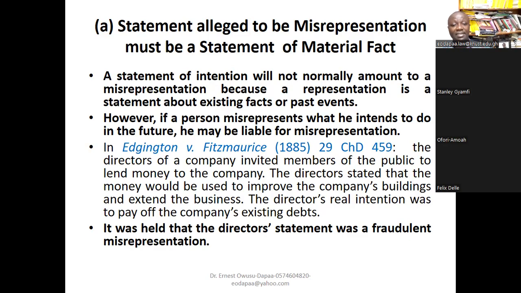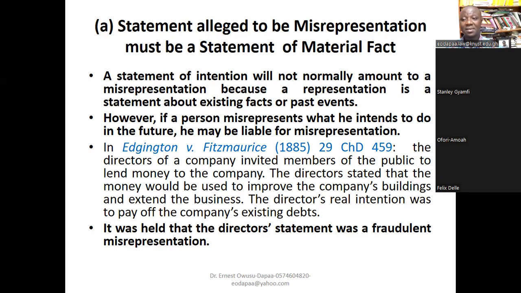And the reason is that a representation is a statement about existing facts or past events, not about the future tense. So a statement which will give rise to misrepresentation should not be a statement which lawyers will say is in futuro, that is something which is futuristic. No, it should be something which is here and now, or which was. So let's keep that in mind. That is the general rule.